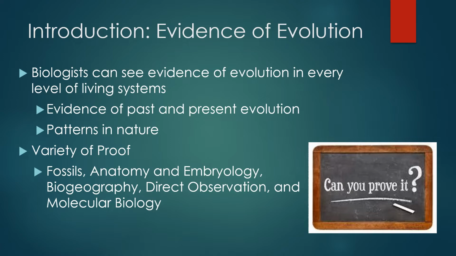There's a variety of proof to support the theory of evolution, which includes fossils, anatomy and embryology, biogeography, direct observation, and molecular biology. For the purpose of this module, we're going to be focusing specifically on molecular biology, and then we will address the other variety of proof in the upcoming lessons.